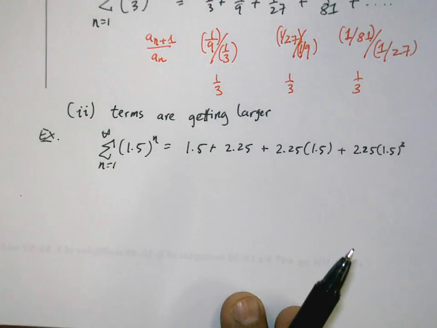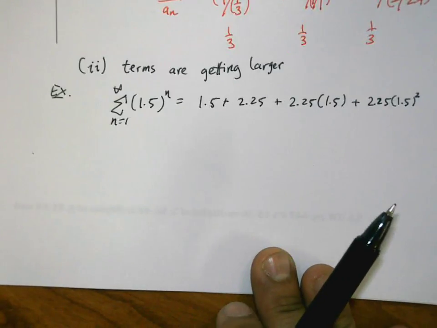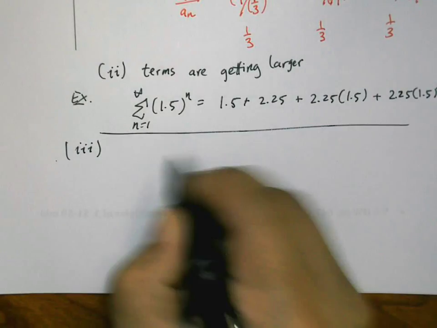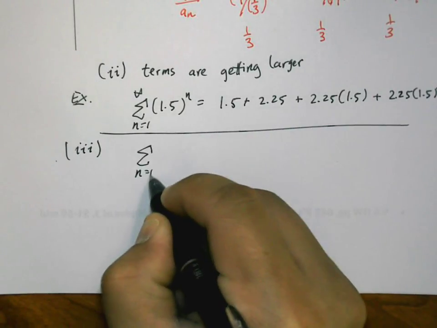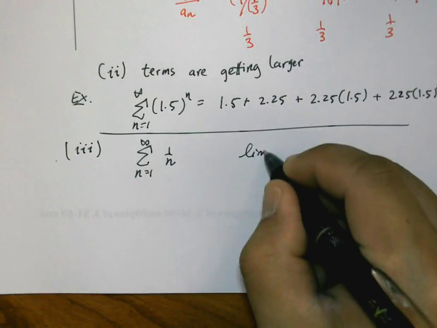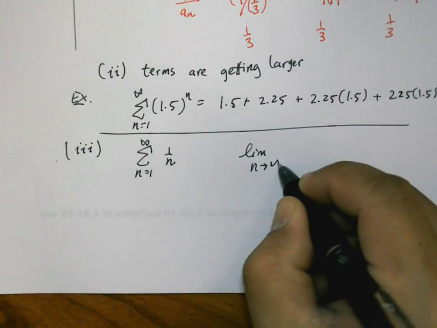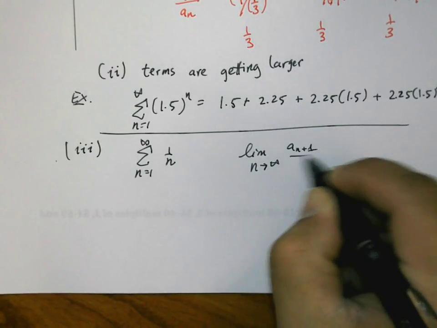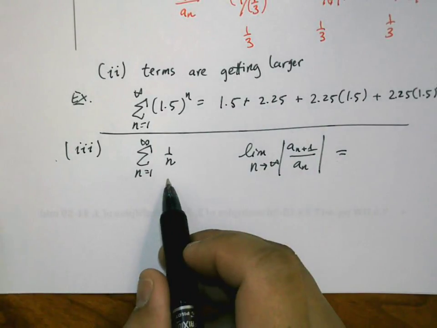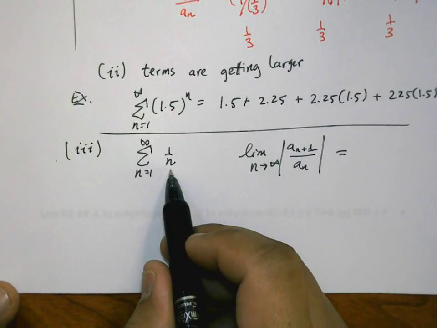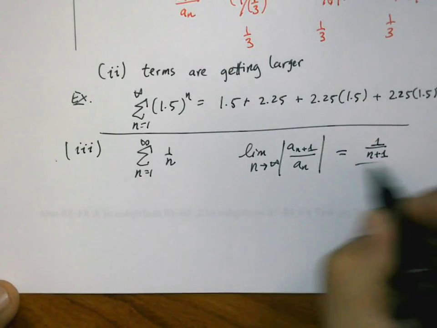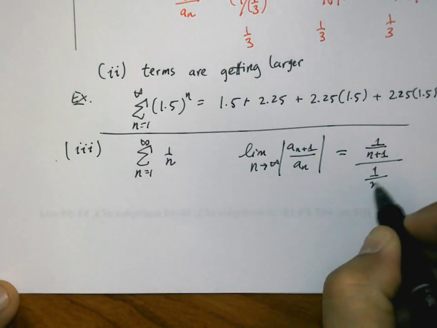So let me show you case 3. Right? This is just some justification here. So if we consider this very famous and familiar series at this point, okay, and we take the limit, as n approaches infinity, of a sub n plus 1 over a sub n, then a sub n plus 1 is just the next term, so 1 over n plus 1 divided by 1 over n.